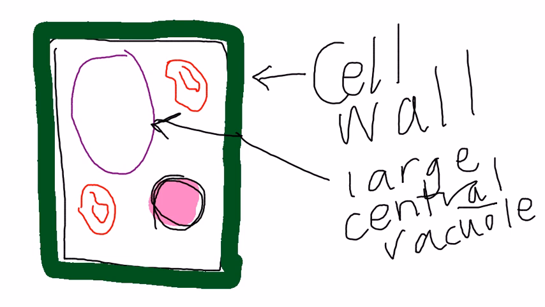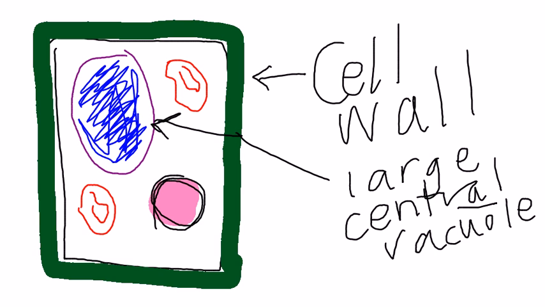It also helps in the way that the plant has support. So the large central vacuole is often filled with water, and especially if the plant is well hydrated, that's when the plant is sitting very rigid and able to stand upright.